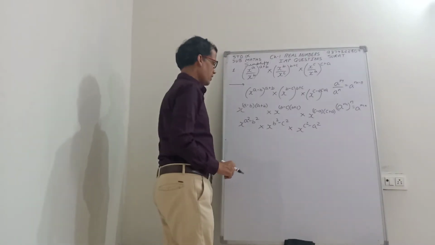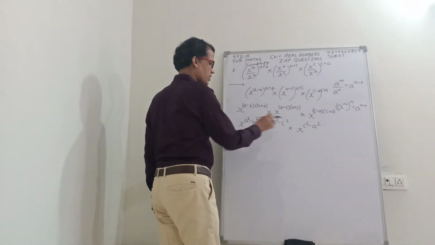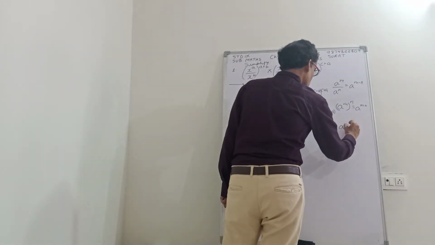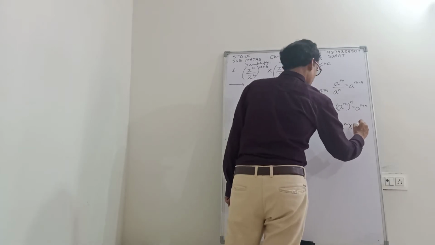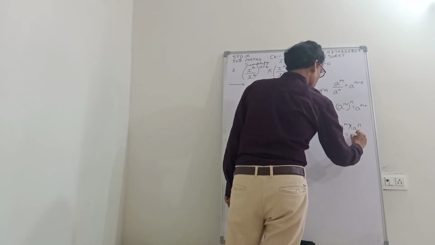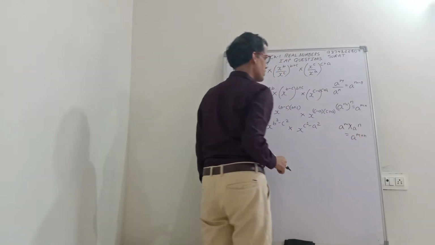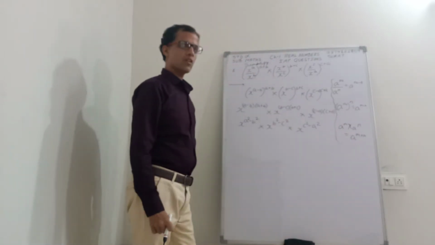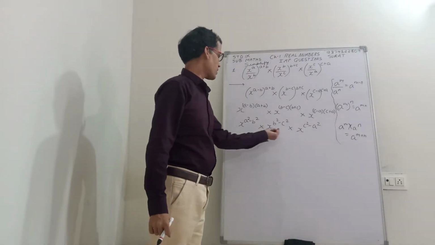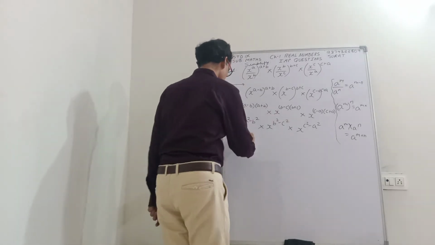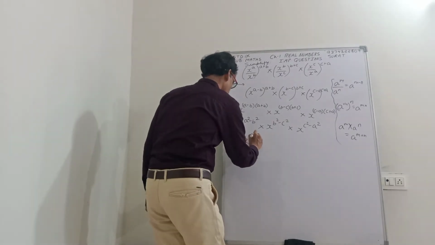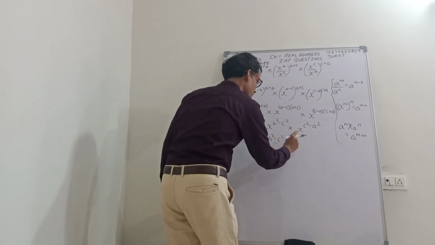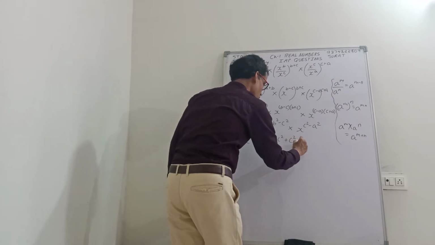Now here it is multiplication sign, so if it is a power m into a power n, we have to add the power. Base is same, so add all the powers: a square minus b square, plus b square minus c square, plus c square minus a square.